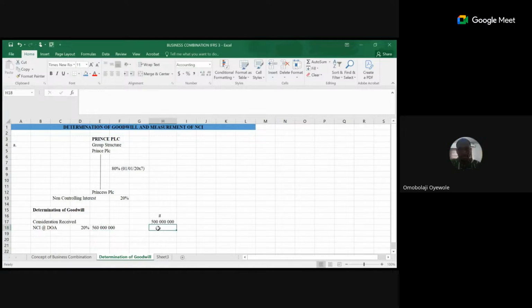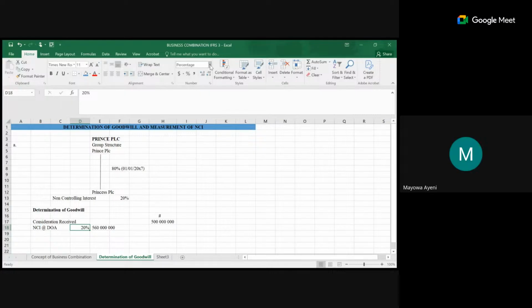Let me see whether it works. It's not giving me the value. You have to change that cell from percent.